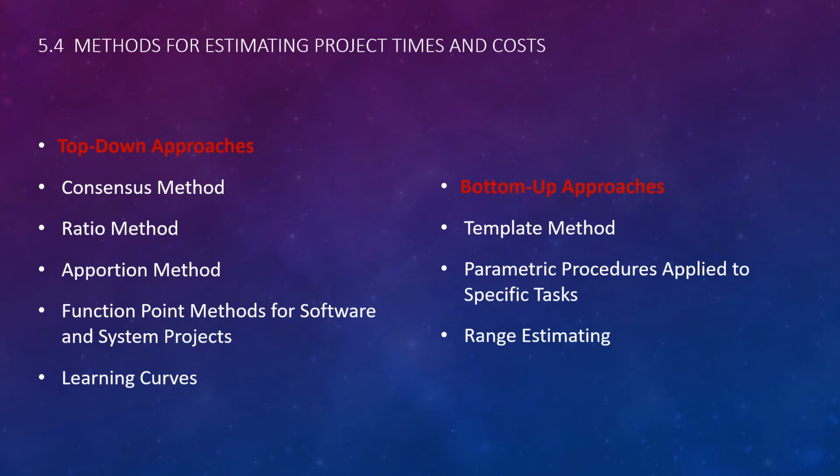Methods for estimating projects' times and cost. So for top down, you might get a consensus method. You're going to ask a few people and get them to agree on it. A ratio method, which we're going to look at, which is kind of here's what we think it would be at a low, a medium, and a high, and we give an average of those kinds of things. Appropriation method, function point method for software and systems, and then learning curve.